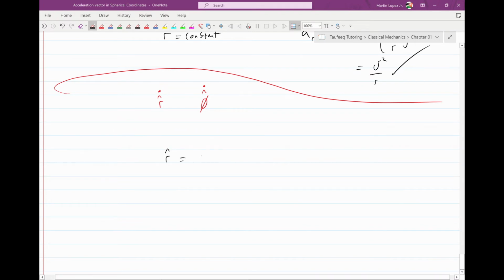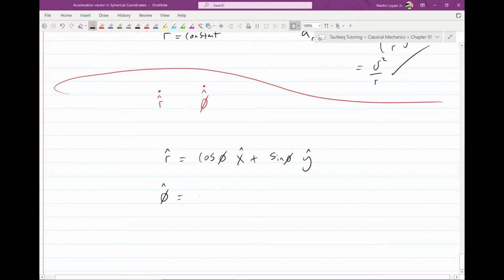Remember, in the beginning, we said that phi hat was just cosine phi x hat plus sine phi y hat. Now, remember, we said that r hat and phi hat are perpendicular. So actually, if you wanted to find phi hat, then you could take the negative reciprocal of the slope, right?